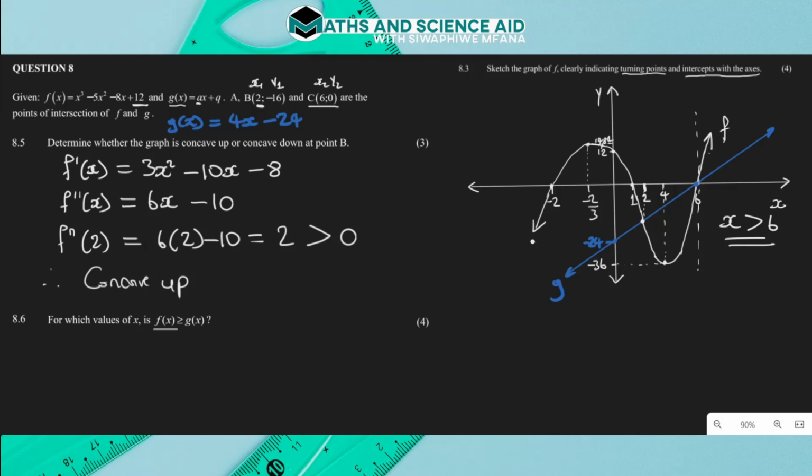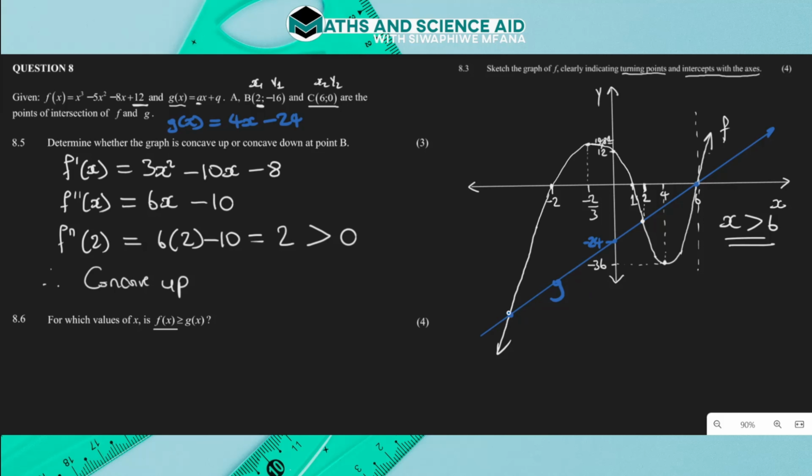However, it looks like at some point these two graphs are going to intersect again, because the graph of f is going to continue to go down like this, while on the other end, the graph of g is also going to continue going down linearly in that manner.